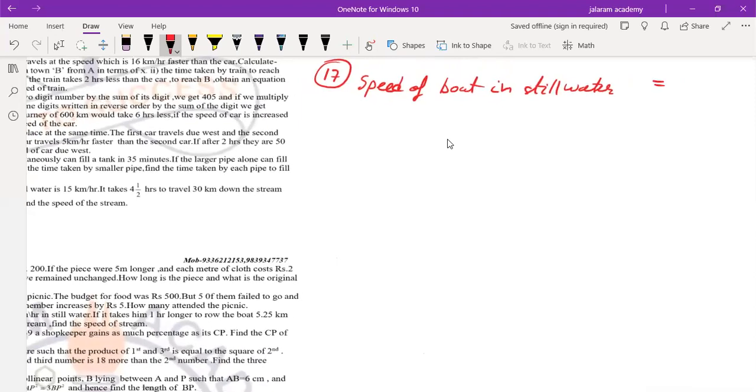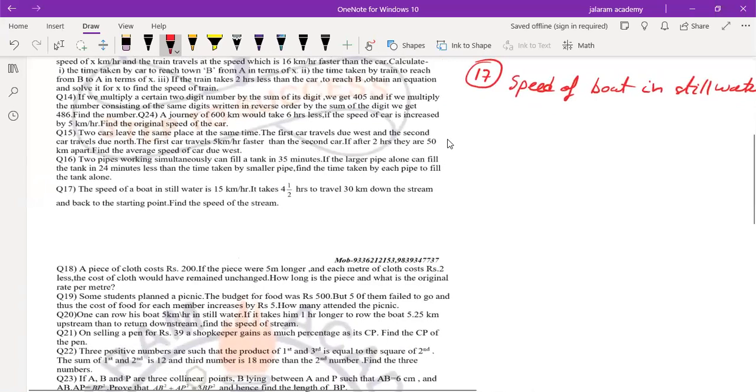Okay, means when water is still, boat can move with the speed of 15 km per hour, means 15 km in 1 hour. It can travel 15 km in 1 hour. And it takes 4.5 hours to travel 30 km down the stream and back to the starting point.